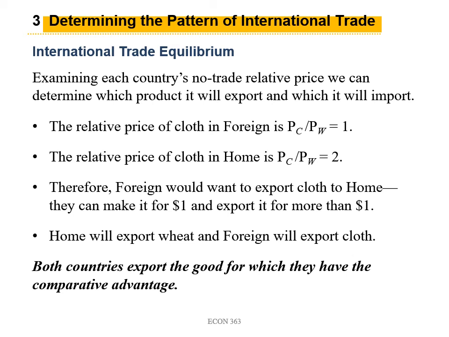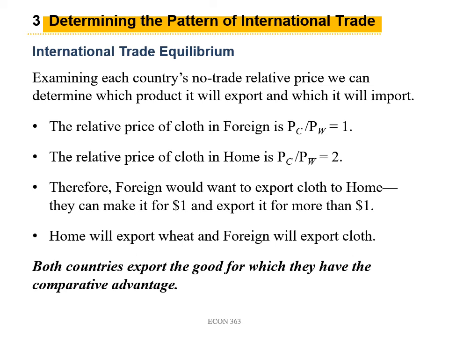And then in the home country, for wheat producers, the logic works in a similar way. In the home country, if I produce wheat, I only receive half a unit of cloth for every unit of wheat that I sell. But if I take my wheat and sell it in the foreign country, I'll get 1 unit of cloth.